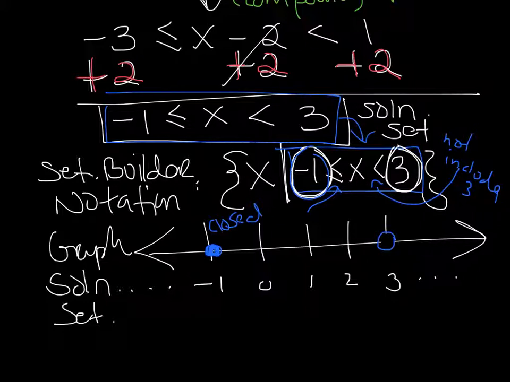So that's an open circle. And whenever you have a 3-part inequality, the solution set is always going to be the numbers in between the 2 numbers that are given, -1 and 3. So all these numbers are between -1 and 3.